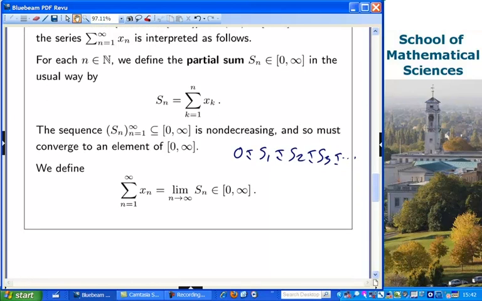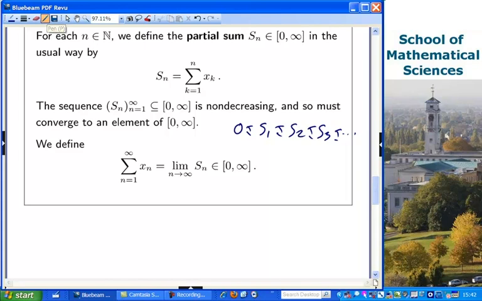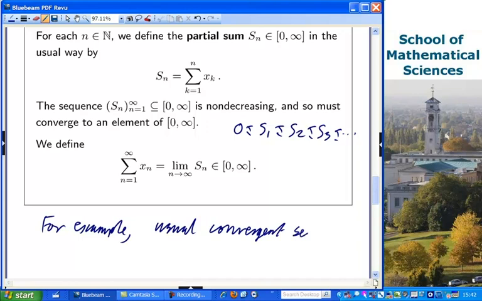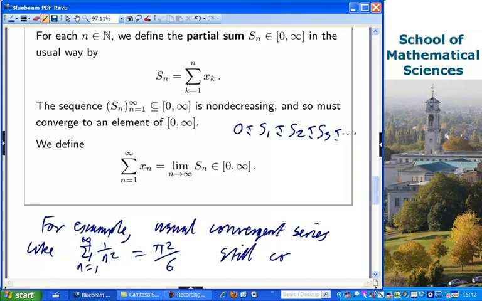That's nice. For example, the usual convergent series of real numbers, like the sum from n equals 1 to infinity of 1 over n squared equals pi squared by 6, as you may or may not remember, is still valid. Still correct.